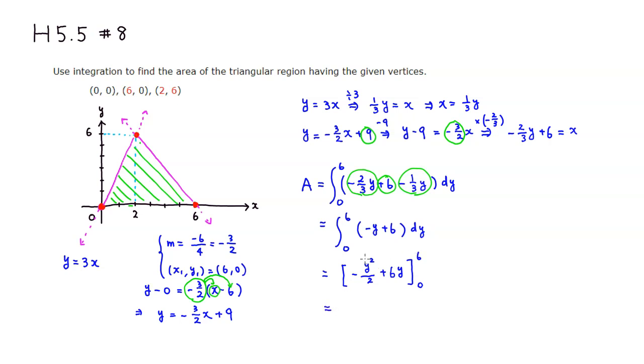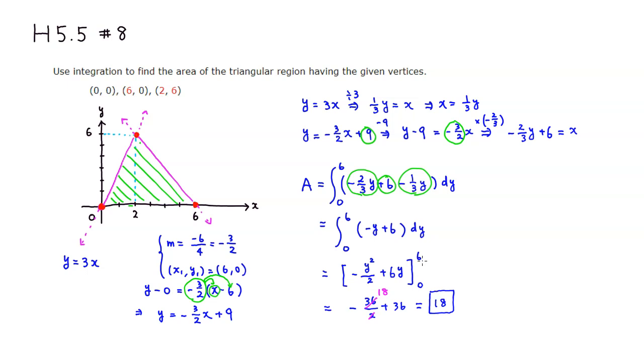If you plug in 6, you have negative 6 squared, which is 36, divided by 2, plus 6 times 6 is 36, minus, if you plug in 0 for y, it's going to be 0 anyway. So this is going to be 18. So 36 minus 18 is 18. So this is the area of this triangular region.